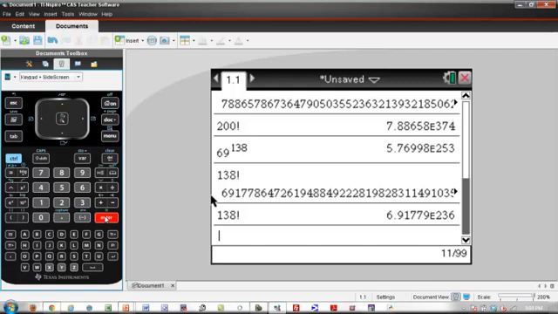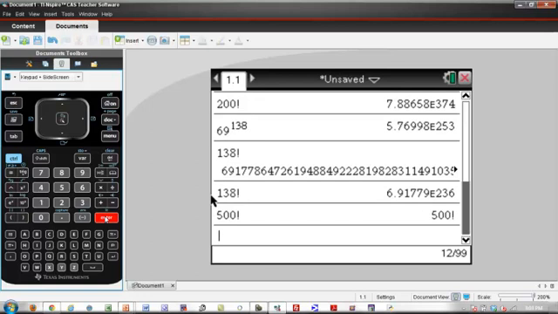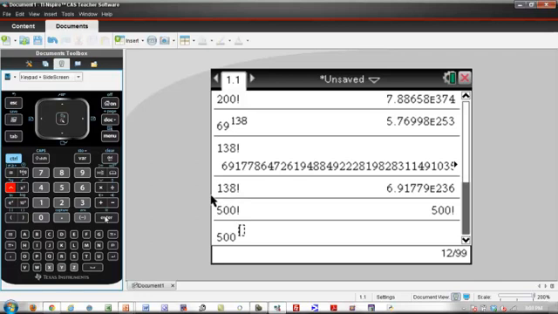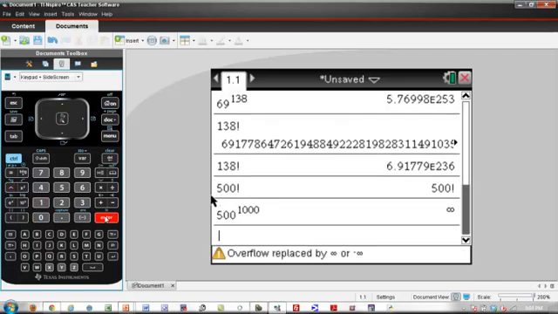Can we see if it overflows ever? And the answer, we did this in the earlier class, is yes, it does. Like 500 factorial. Actually, 500 to the power of 1,000 will overflow.